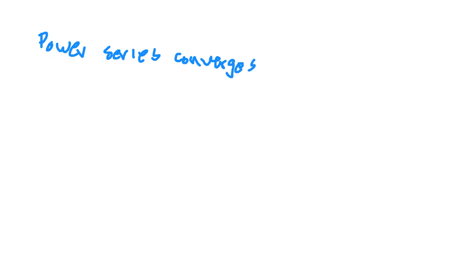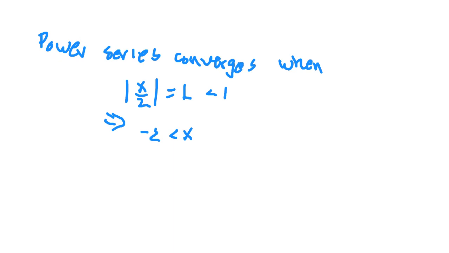So our power series converges when the absolute value of x over 2, which is L, is less than 1. And that means that x is between -2 and 2. This is by the ratio test, right?